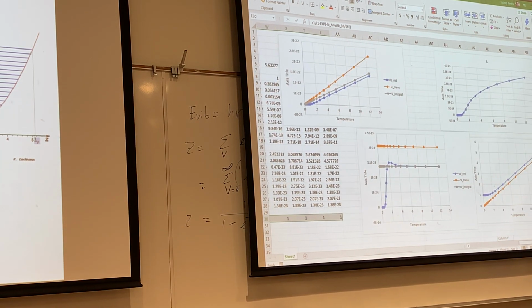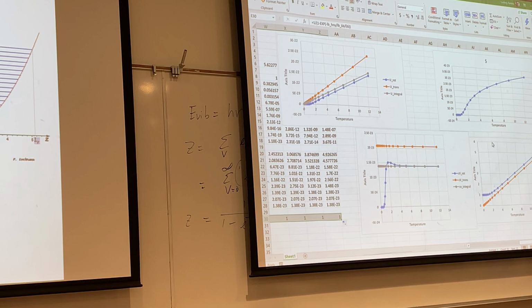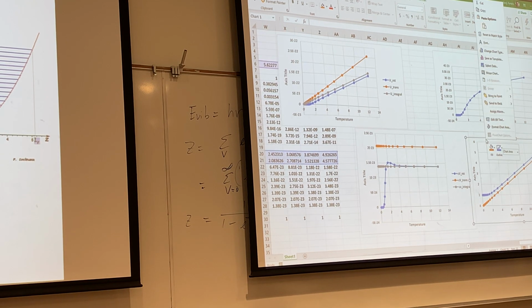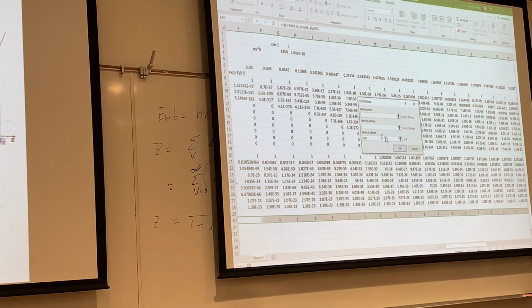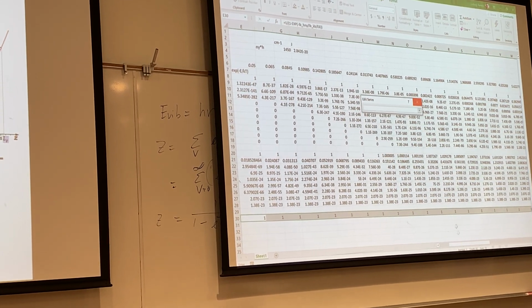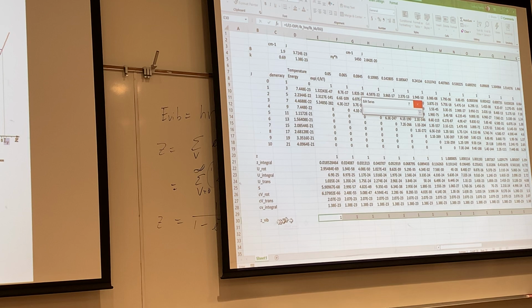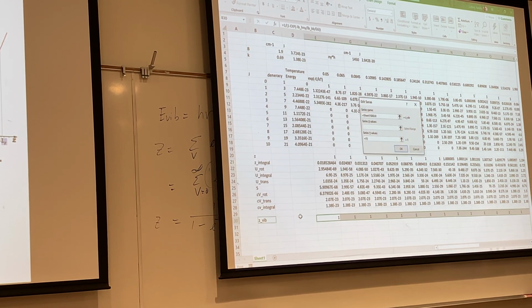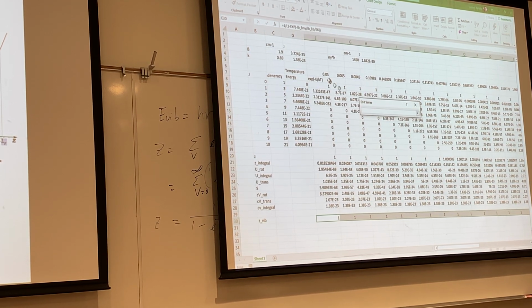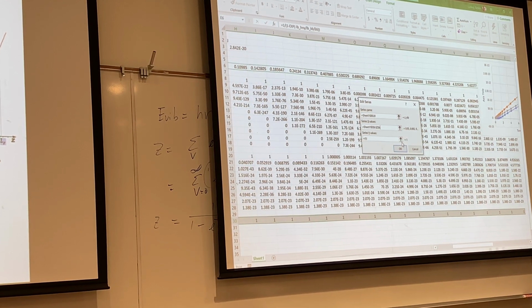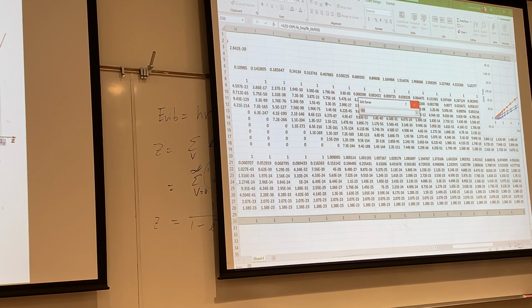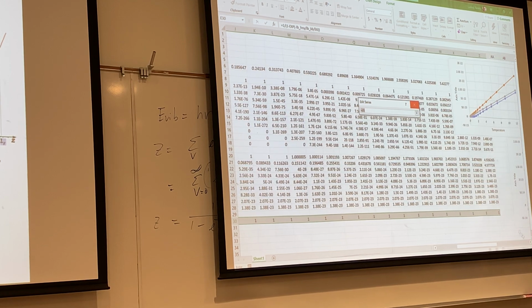So if I'm looking at Z, then we'll see the Z here. I can select some data still, and I can add into this one Z vibration, and the x-axis is temperature, and the y-axis is those values which we just generated over here.